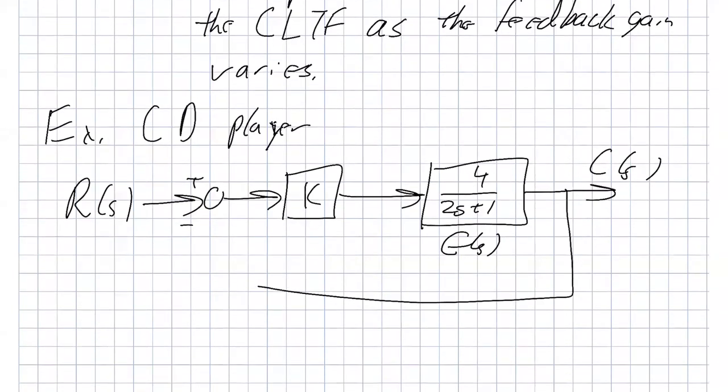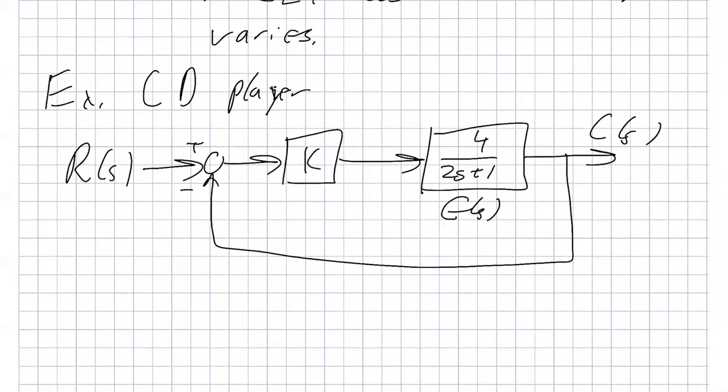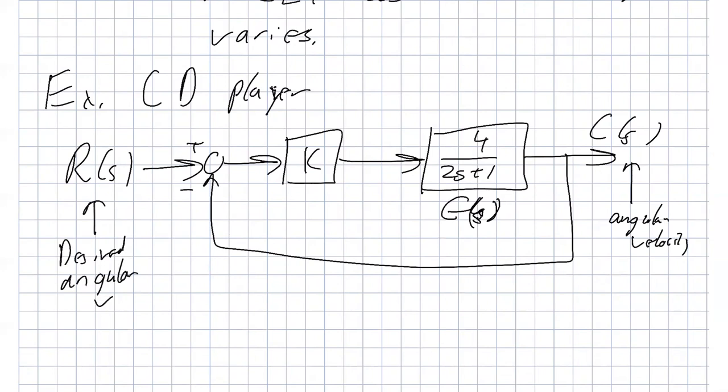And then that velocity was fed back, right? So again, this is our angular velocity, and this is desired angular velocity.